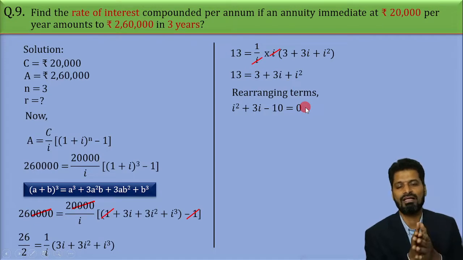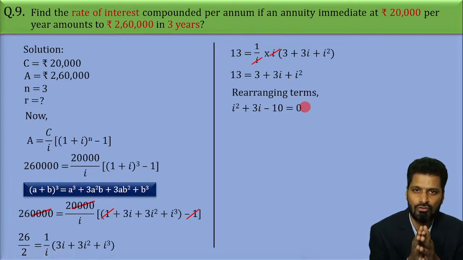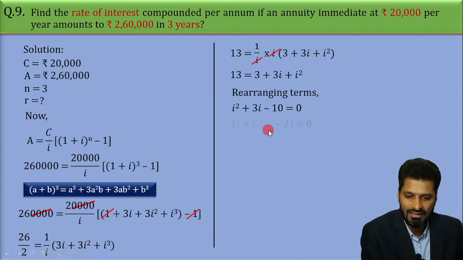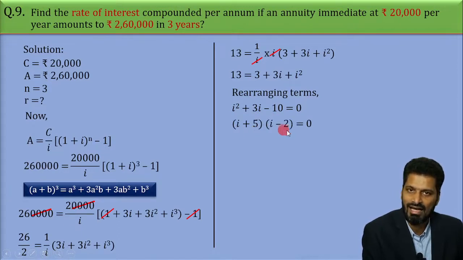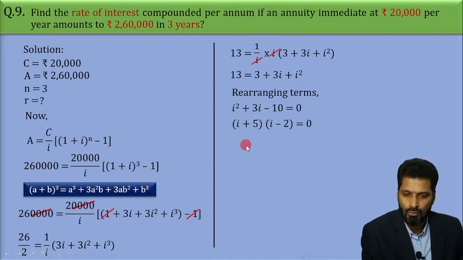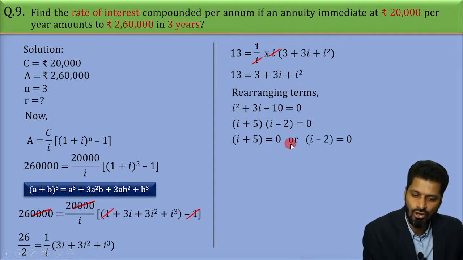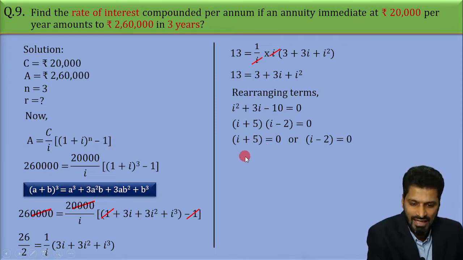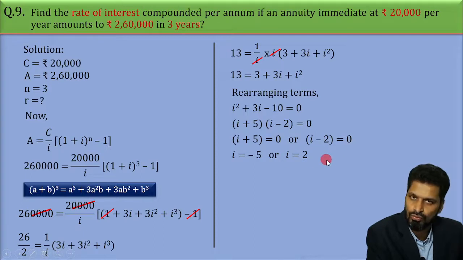Now I hope everybody knows how to find the values using the quadratic equation formula or the factorization method, right? So if we factorize this, we get two factors as (I plus 5) and (I minus 2). So (I plus 5) into (I minus 2) will be 0, which means I plus 5 is 0 or I minus 2 equals 0. So this will give us I as minus 5 or I as 2.